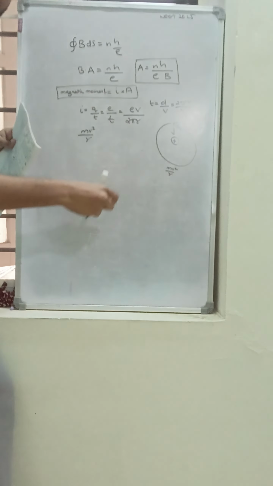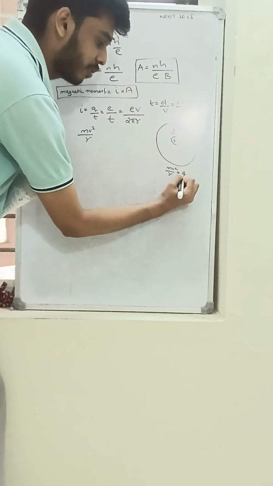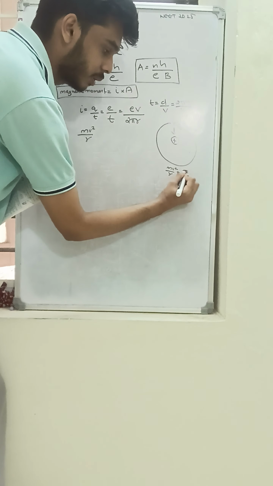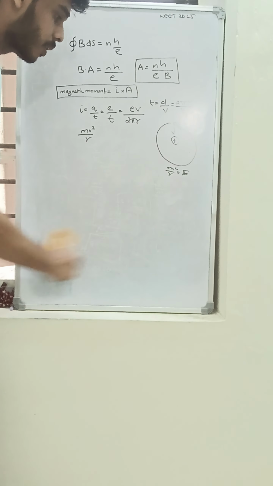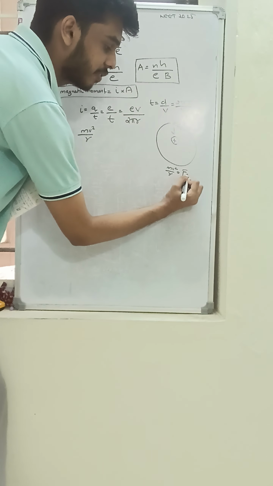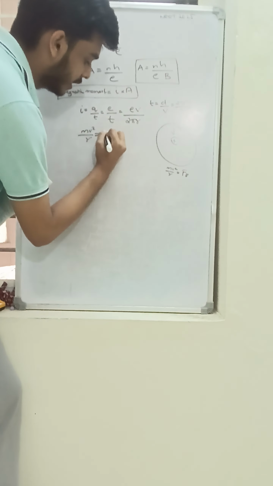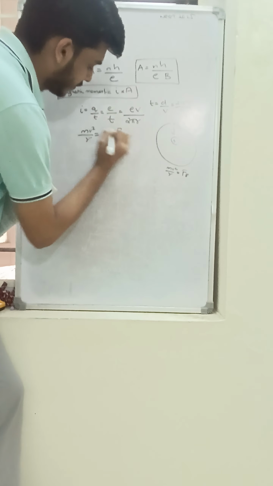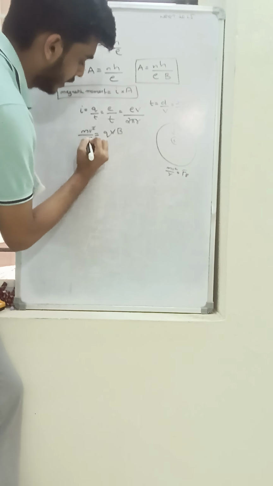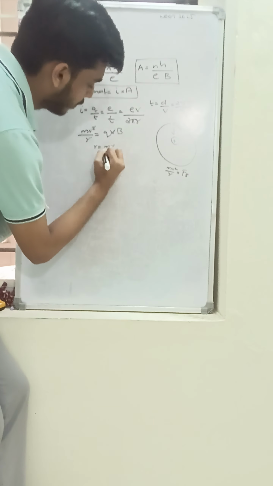And this mv squared by r will be equal to the magnetic force, the force due to the magnetic field. We know the force due to the magnetic field is QvB. So we'll be cancelling out v, and we'll be getting r equal to mv by QB.